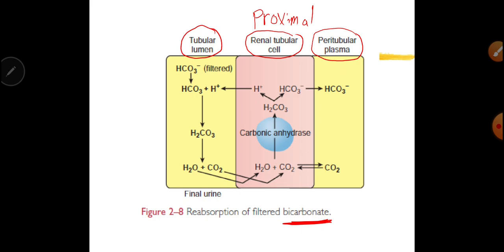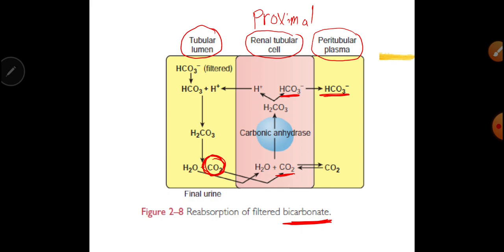To understand the role of the kidney in the control of acid-base balance, we have to understand first the reabsorption of filtered bicarbonate. For the process of reabsorption of bicarbonate, the process will start with the movement of CO2 released in the tubular lumen to inside the proximal tubule. That will be converted again to bicarbonate, and bicarbonate will go into the peritubular plasma.